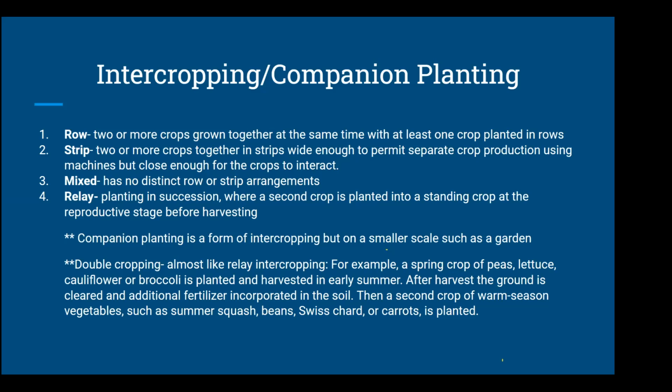And then double cropping is very similar to intercropping. For example, a spring crop of peas, lettuce, cauliflower, broccoli is planted and harvested in the early summer. After that harvest, the ground is cleared, tilled up, and additional fertilizer is incorporated in the soil. Then a second crop of warm season vegetables, such as summer squash, beans, Swiss chard, or carrots can be planted.